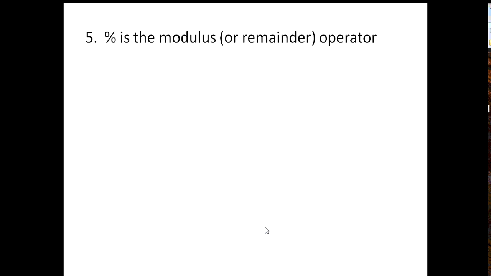Okay, this is also tricky. The percent sign, which is called the modulus operator, or the remainder operator, is what we're going to look at next. Now here's what happens. 7 percent sign 3 is read 7 modulus 3. Okay, you see the word right up here.